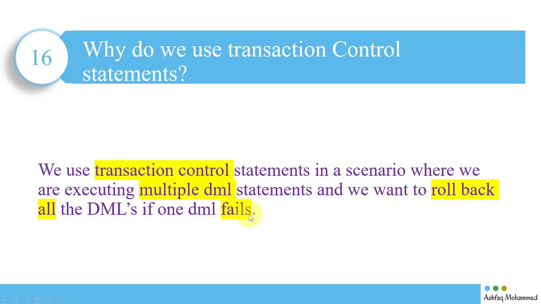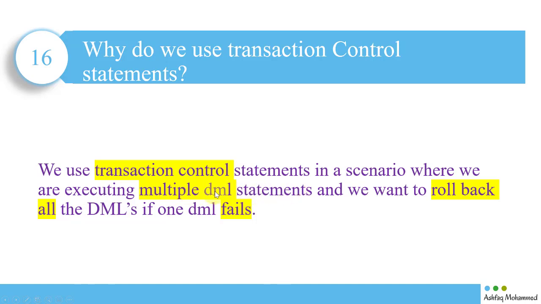So what happens is if the contact fails, if anything in the contacts fails, I don't even want to continue inserting that account record as well. Because I want them to go together. So in those scenarios, we use transactional controls. We use transactional control statements in a scenario where we are executing multiple DML statements.